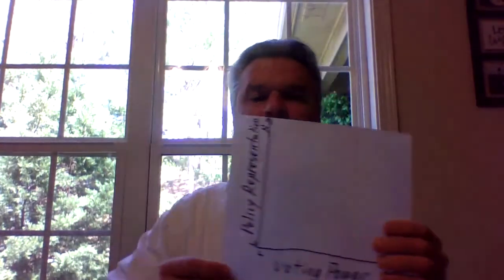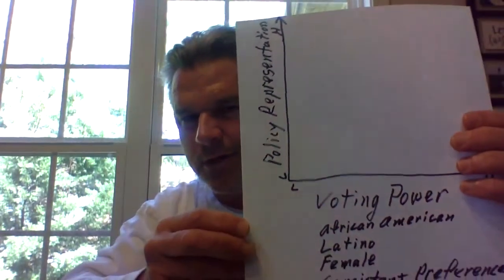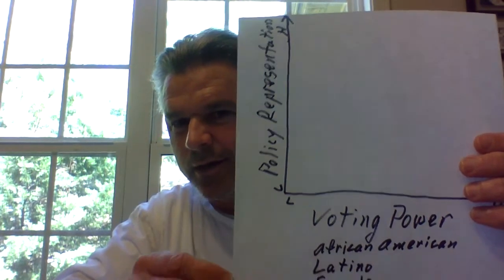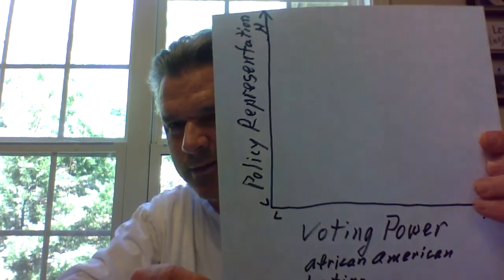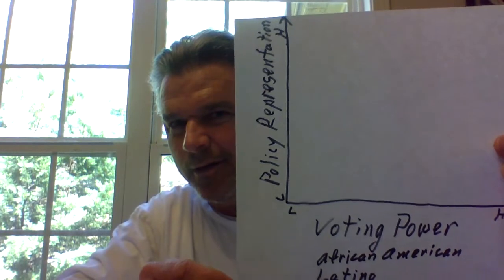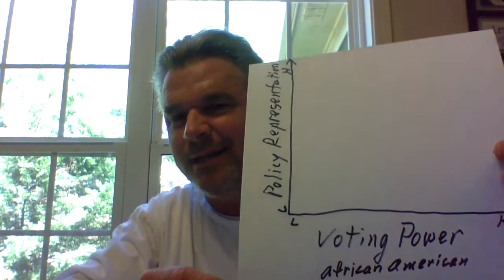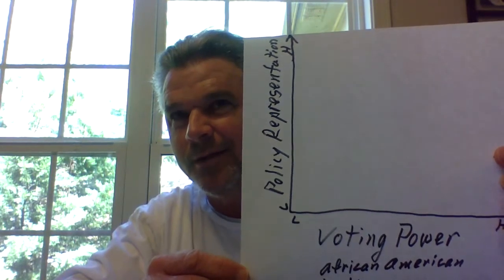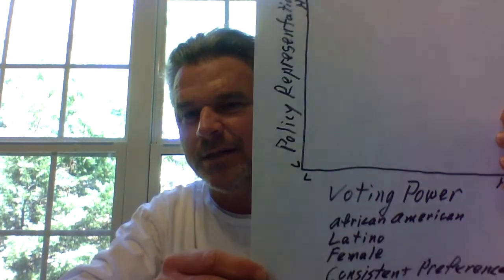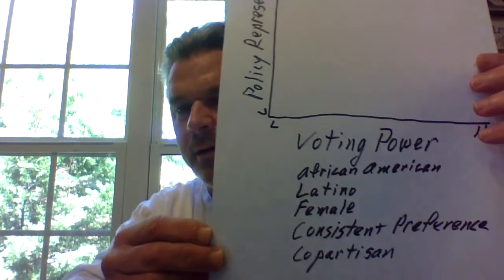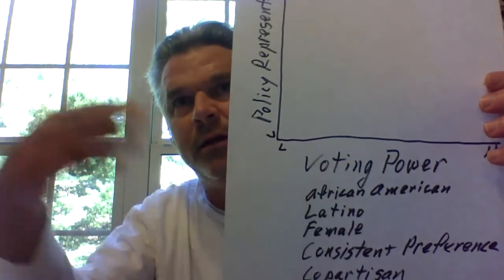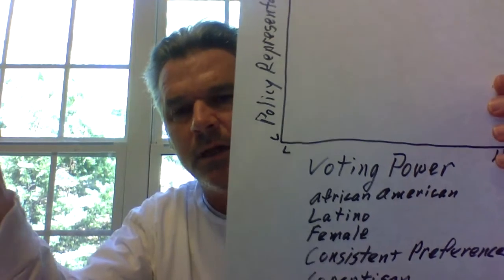Okay, so their model basically is going to look like this. Okay, Michael, take a look at this. It's always hard to get on here. So what is the dependent variable? What's on my y-axis? Policy representation. Policy representation, exactly. And voting power is going to be their independent variable that they're focusing on the most.